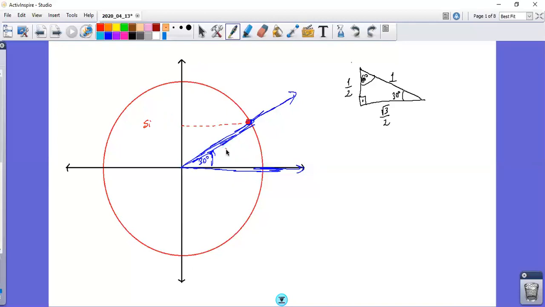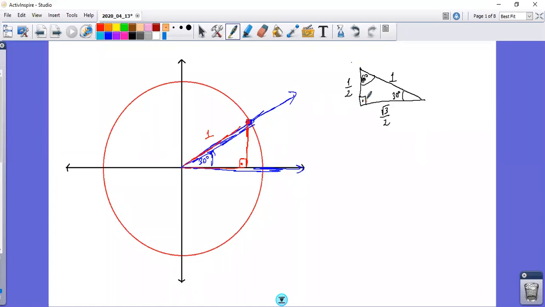All right. So let's have a right triangle here. You see, this is the hypotenuse, this is adjacent to 30, and this is opposite to 30. So what is the length of the hypotenuse? It is 1, because it is a unit circle, and on the unit circle, the radius is always 1.